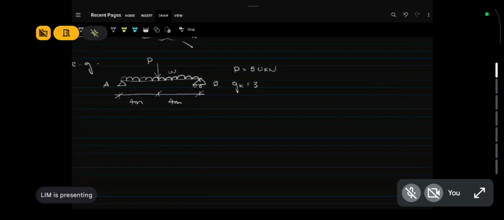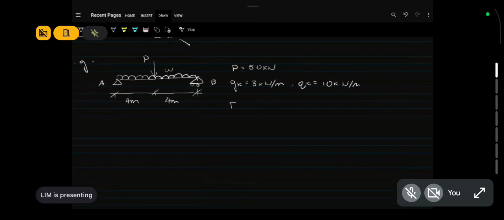GK is 3. I give you QK. QK is 10. And then you're going to need to find W. For this W, you need to include self-weight of beam.